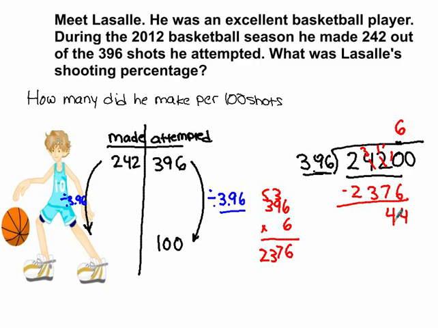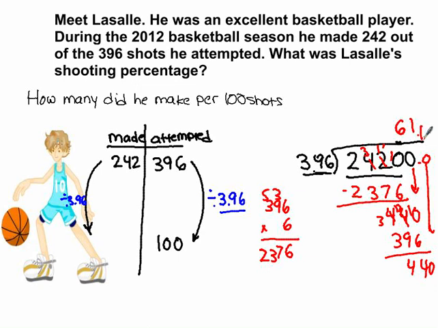So we have 44 remaining, and this is obviously smaller than 396, so we know we did it correctly. And we would still have 1 0 to bring down. 396 goes into 440 one time. And we have 44 remaining, so it would be the same thing over and over and over.